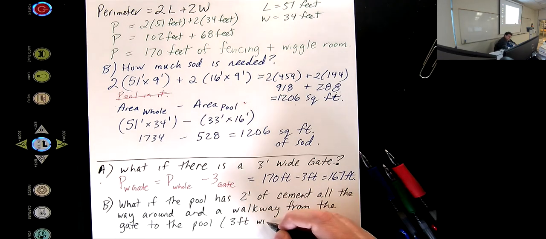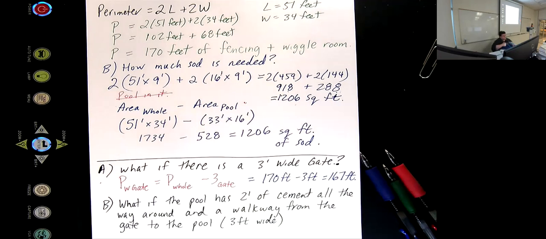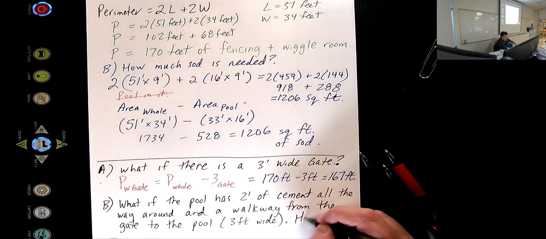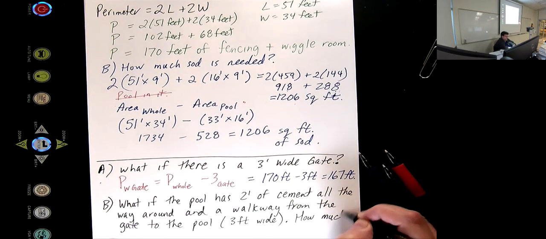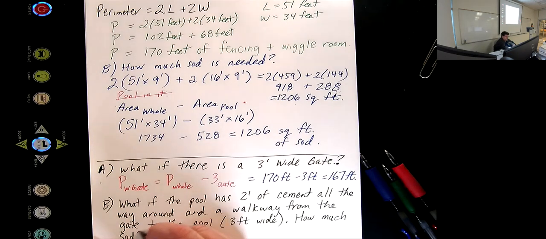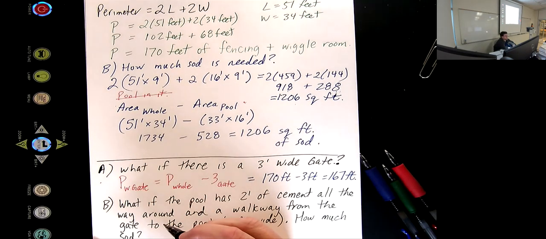It's the width of the gate. Now this might require drawing more on the picture. Well, we're back on the sod again. How much sod? But I like the idea, let's do that. How much sod? How much square footage of cement?